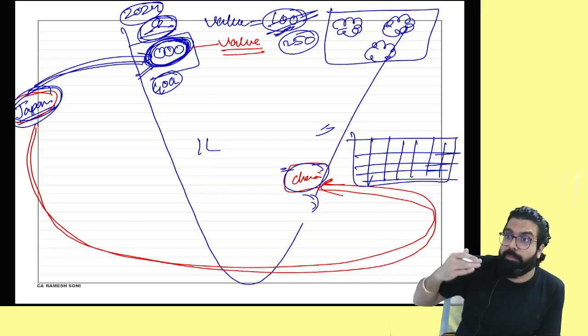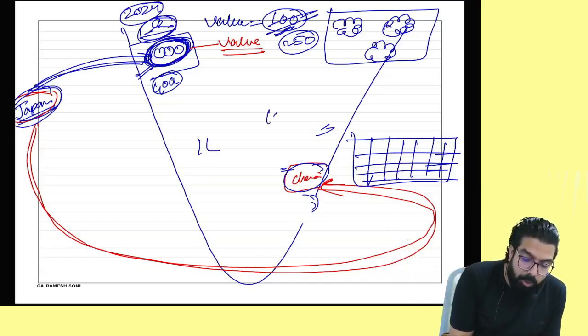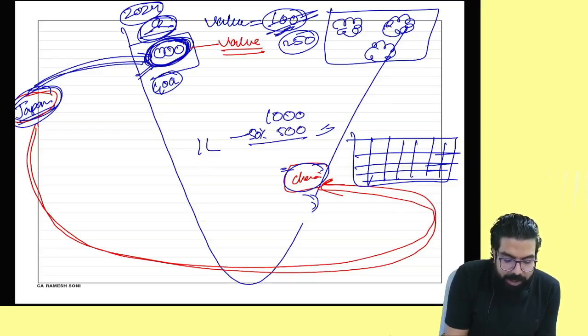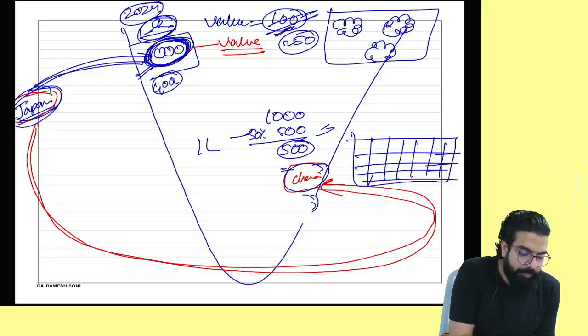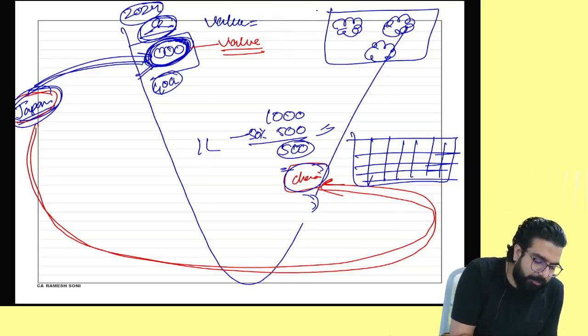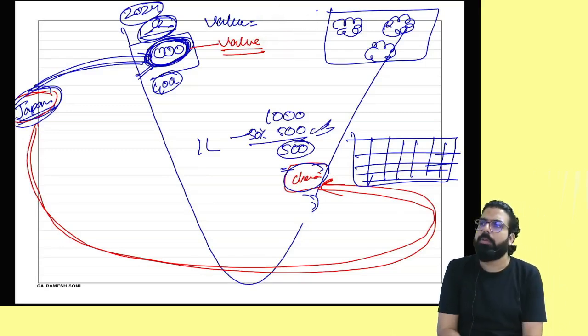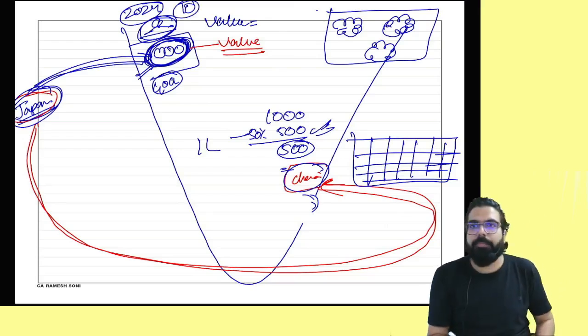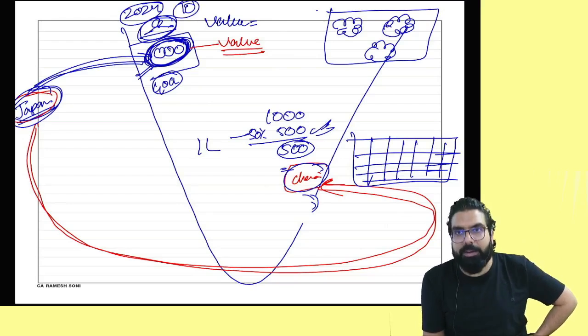The person who sold from Japan sold each lungi of 1000 rupees at a 50% discount to him. The discount was given 50%, so he bought each lungi at 500. Why did he get a 50% discount? Because of bulk quantity. Shahrukh Khan imported 10 lungis. Will he get any bulk discount?